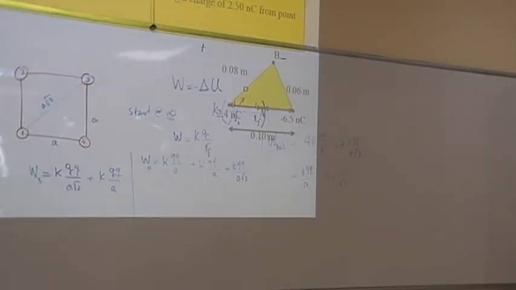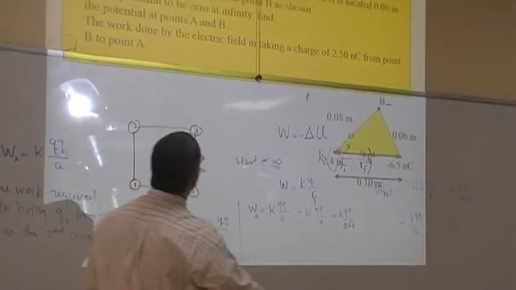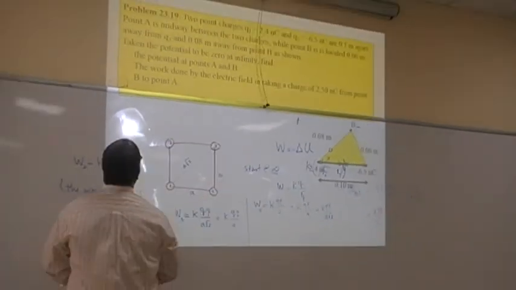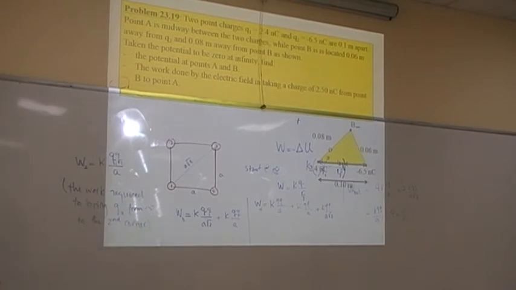Okay, let's look at this problem here. Actually, we'll leave that. We have 2 point charges, Q1 and Q2, separated by 0.1 meter. Point A is midway between the two charges, while point B is located 0.6 away from Q2 and 0.8 from point 3.